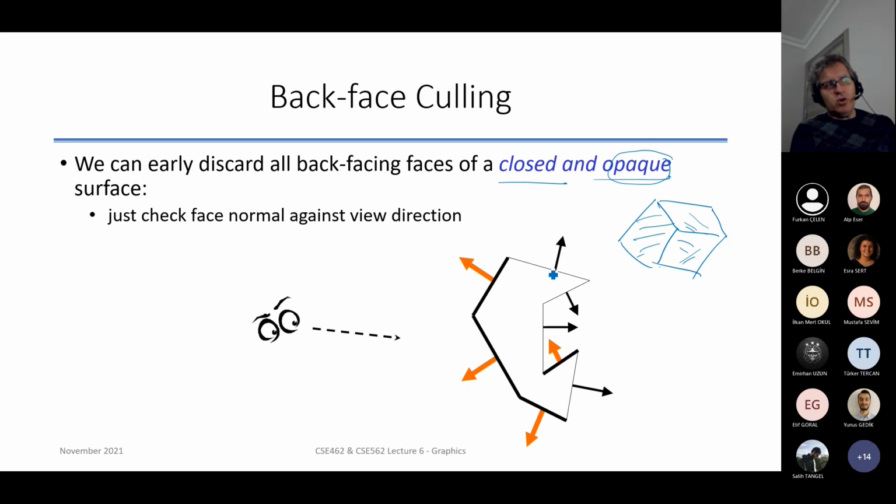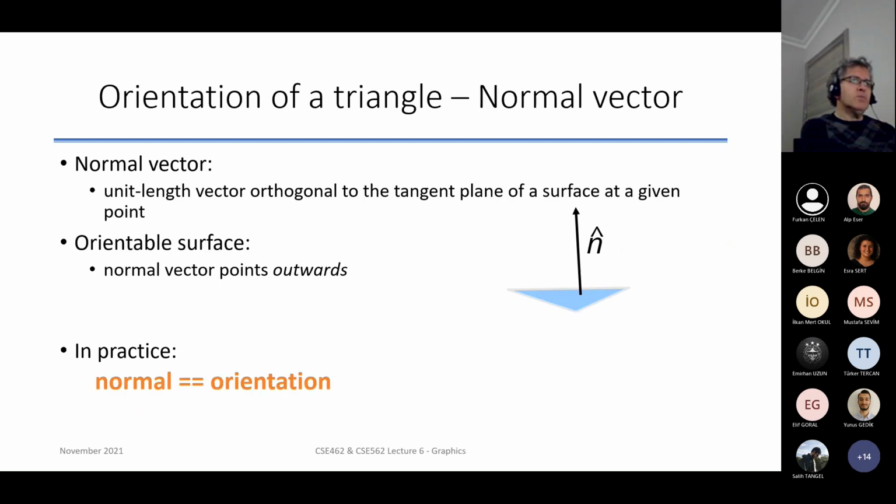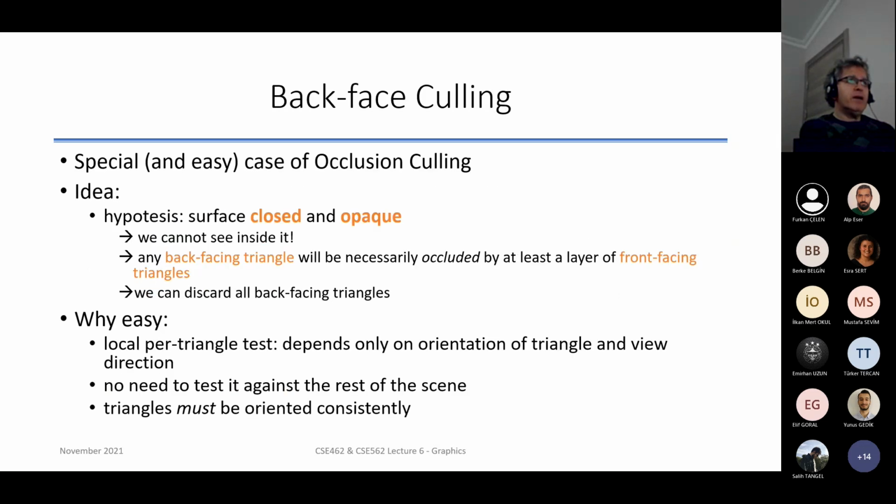You have a surface normal, let's say like this, and then you are here, and if the surface normal is making an angle of more than 90 degrees, right, if this is my angle and it is more than 90 degrees, then you remove that. So this is called back face culling.